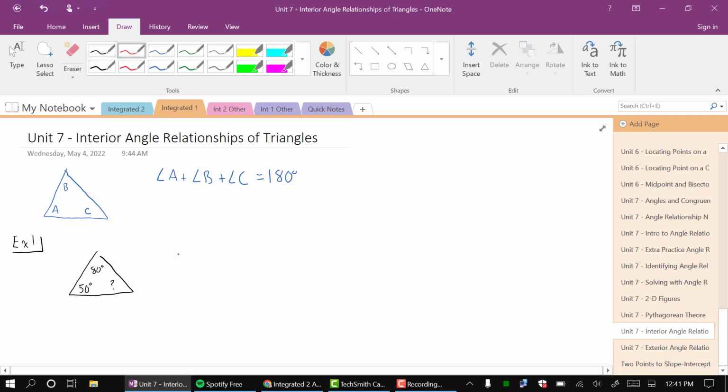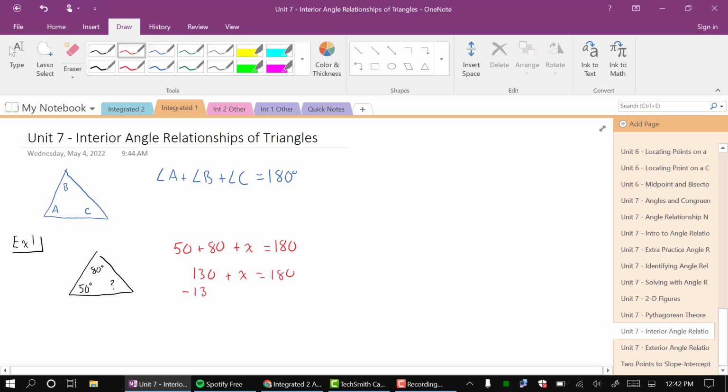So I have that 50 plus 80 plus my unknown, I'm going to say that's going to be x, equals 180 degrees. So I'm going to add these two together. 50 plus 80 gives me 130 degrees, plus x equals 180.